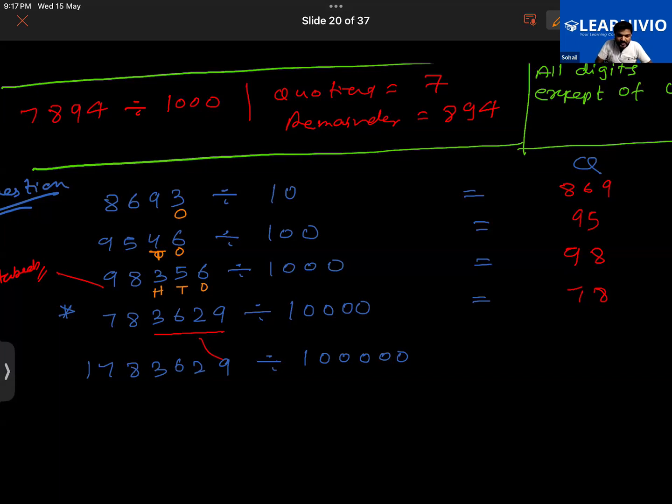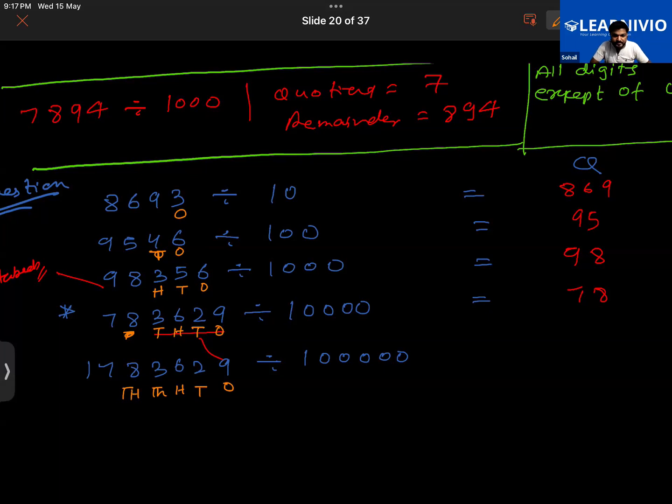Then while dividing with 10,000, you ignored ones, tens, 100, 1,000, the first four only. While dividing with 100,000 or 1 lakh, you ignored ones, tens, 100, 1,000, then 10,000.